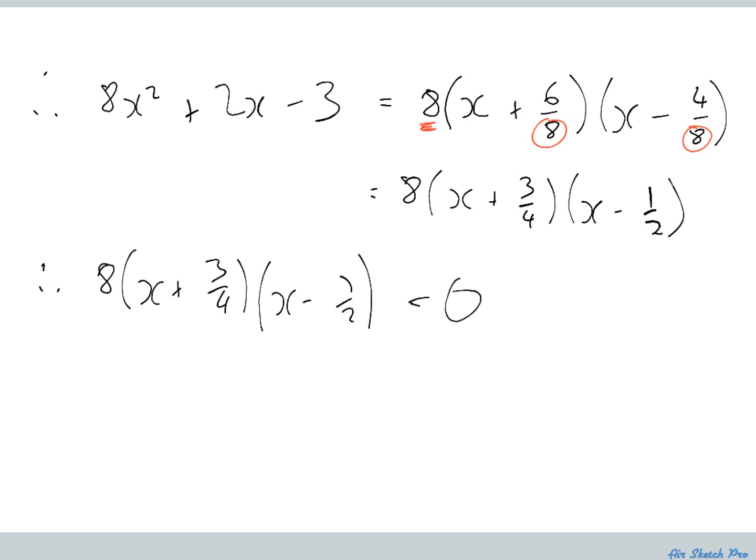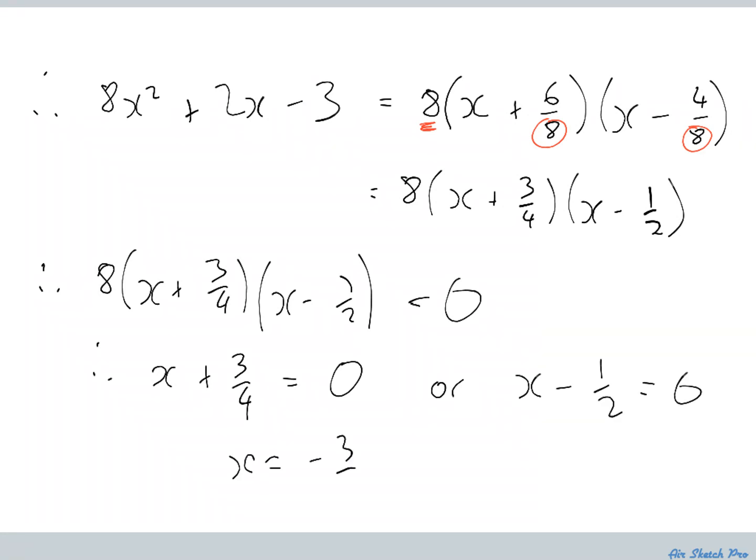So since 8 outside of x plus 3/4 times x minus 1/2 is equal to 0, therefore x plus 3/4 is equal to 0, or x minus 1/2 is equal to 0, x equals -3/4, x equals 1/2. Done.